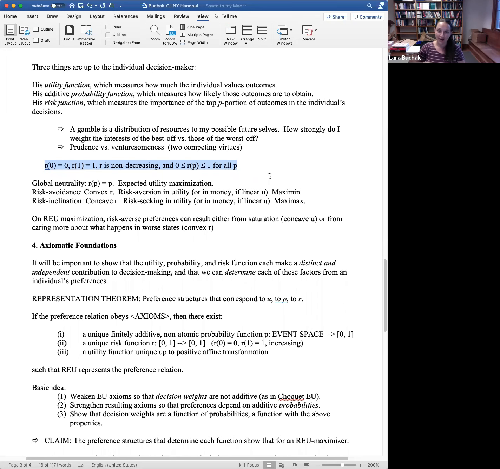You might think that actually puts too much weight on the interests of your worse off future self and ignores too much the interests of your best off future selves. So I do think there's a slightly narrower range that's going to be reasonable here. But importantly, it's not just the linear risk function, i.e. expected utility maximization. There's going to be some choice in how you yourself make those trade-offs. Does that answer your question?